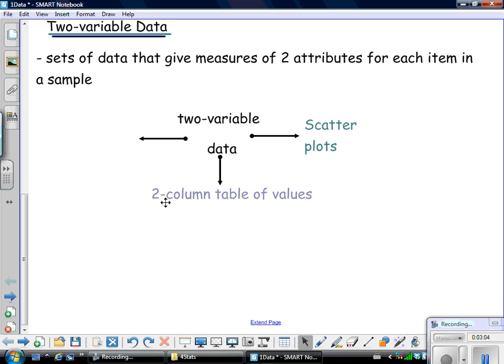Another thing would be a two-column table of values, an X and a Y. Now, if we're dealing with data, probably it's not going to be an X and a Y. It's going to be measuring the two variables that we're concerned about. Or another thing is ordered pairs. So ordered pairs, scatter plots, a two-column table of values, that would indicate to us that we're dealing with two variable data.